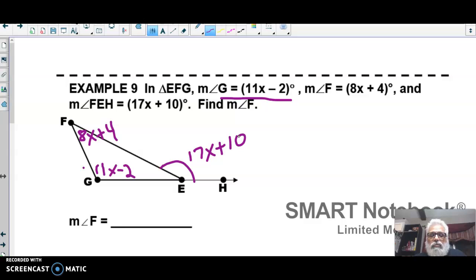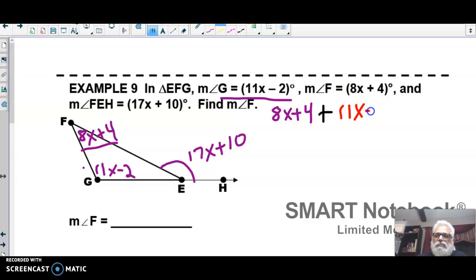So what we learned with the exterior angle theorem is that if I add F and G, it's going to equal the exterior angle. So the way that's going to look is I'm going to take my 8x plus 4 plus angle G, which is 11x minus 2, and that's going to equal the exterior angle.